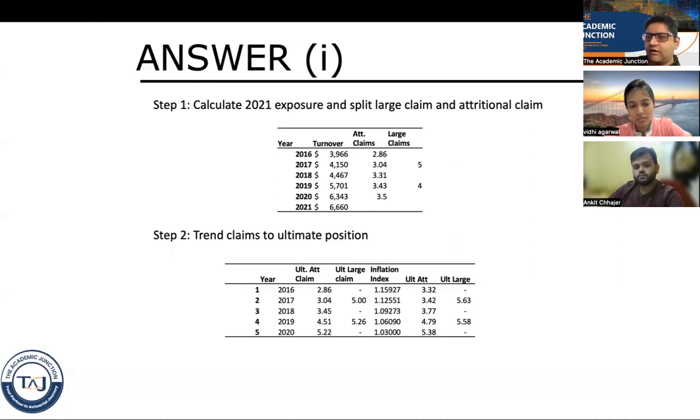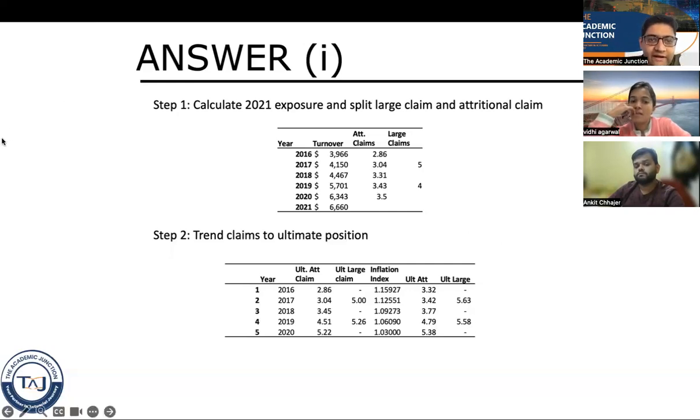But you have to assume they have the same inflation rate, because they've only given you one inflation rate. You can also say that large claims follow a higher inflation rate, but you'll probably lose marks if you do that. Don't try to over-engineer the situation. Play to the strengths of the question.